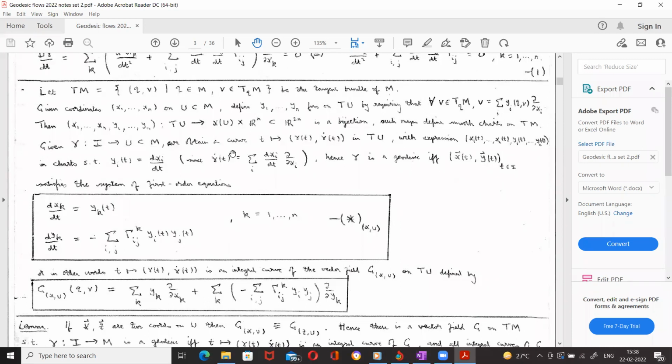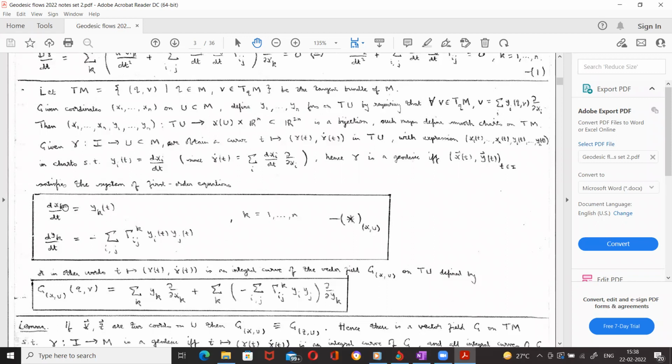Therefore, in terms of these xi(t) and yi(t), when is gamma a geodesic? Gamma is a geodesic if and only if the pair (x(t), y(t)) satisfies a system of first order equations.